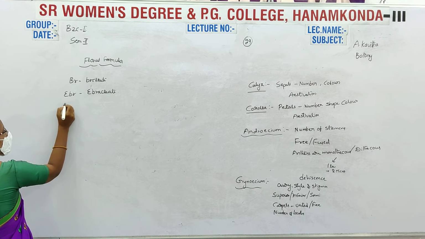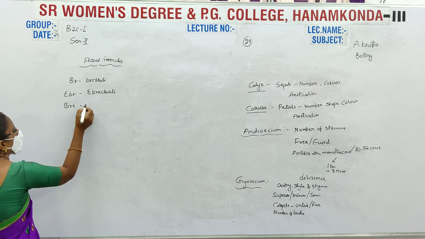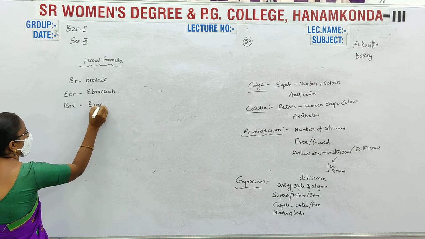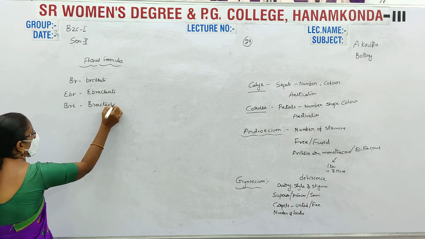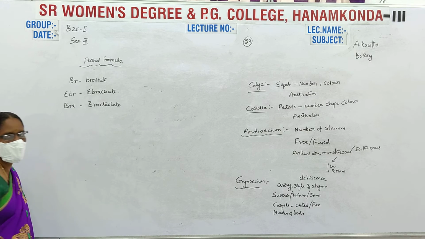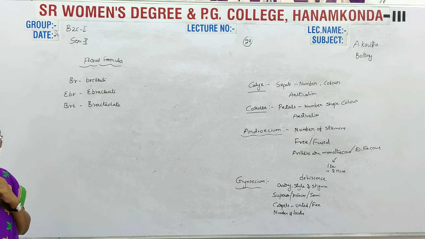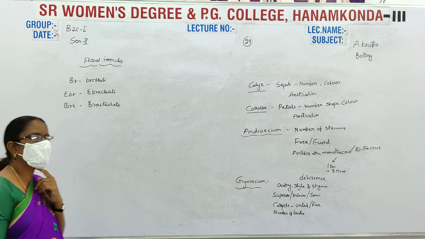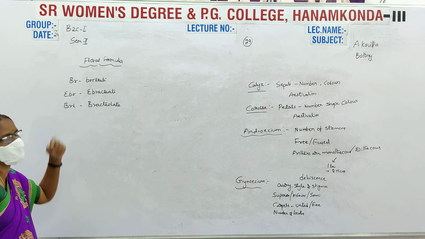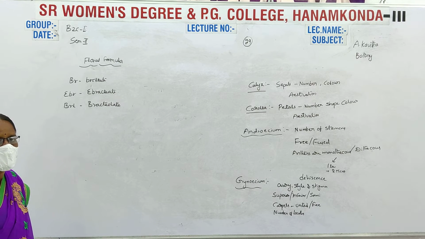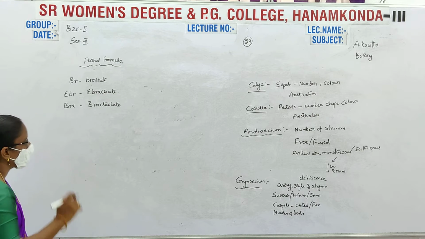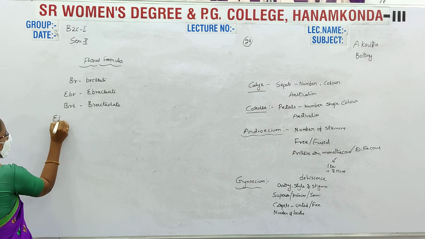And Brl, bracteolate. In some flowers, small bracteoles are also present. When bracteoles are present in the flower, it is called Brl, bracteolate.